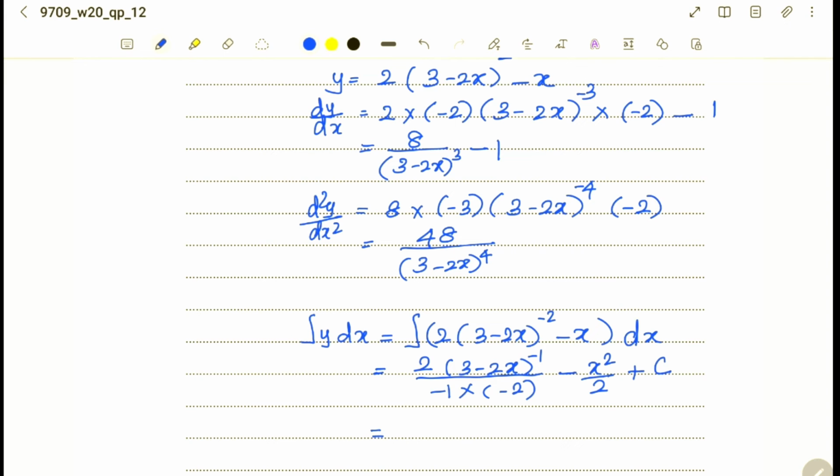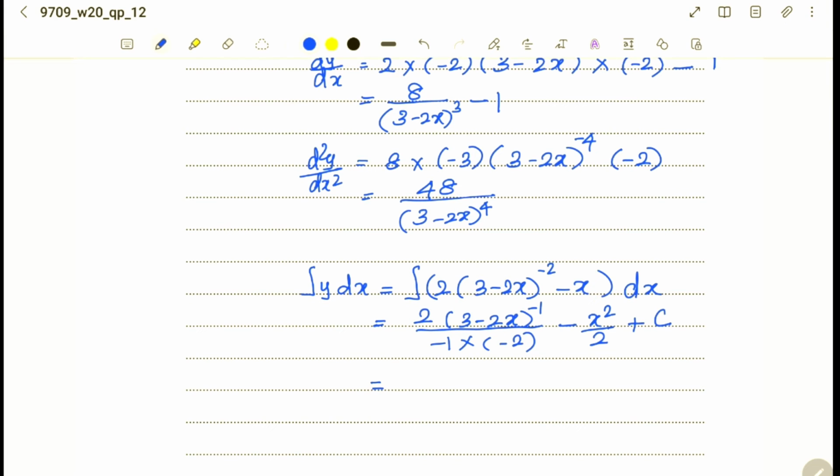This is equal to, the 2 and 2 get cancelled, minus and minus become plus. So this can be written as 1 over 3 minus 2x, minus x square divided by 2 plus c.